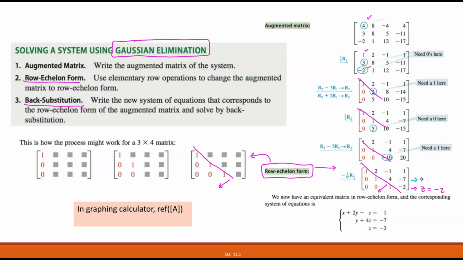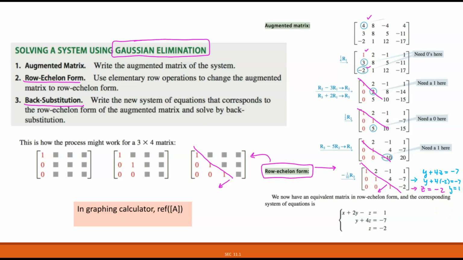Here we know 0x plus y plus 4z is equal to negative 7, but we know z is negative 2, so if I plug in a negative 2, I know y is negative 8, which would be a positive 8 when I put it over here with a negative 7. Y turns out to be 1 when we solve.